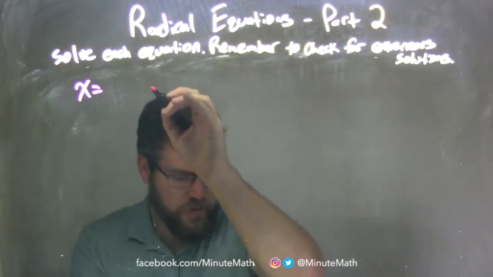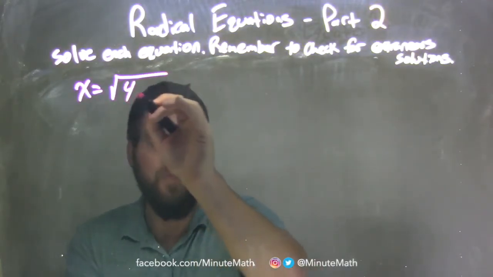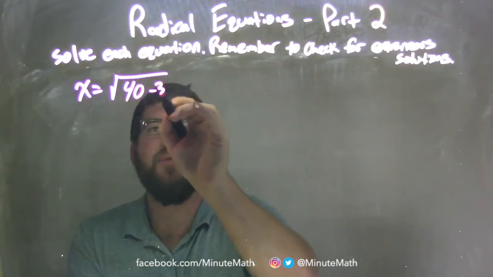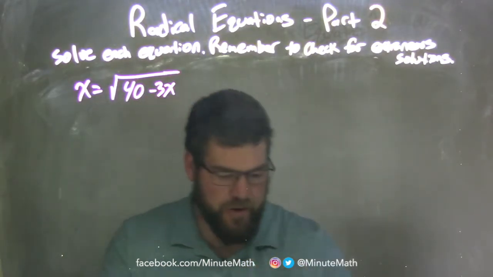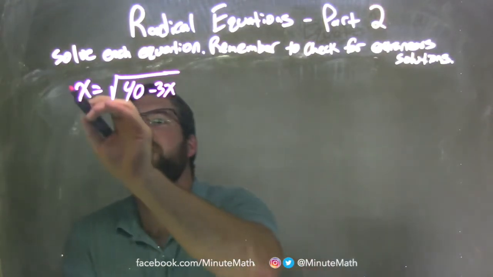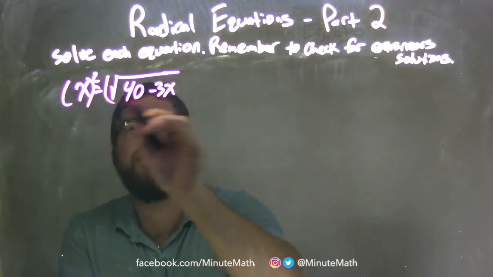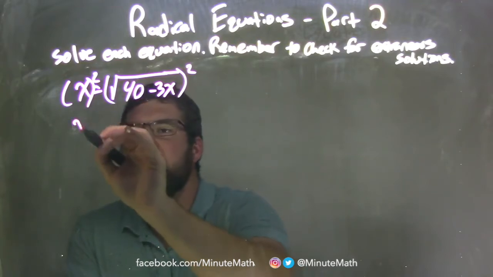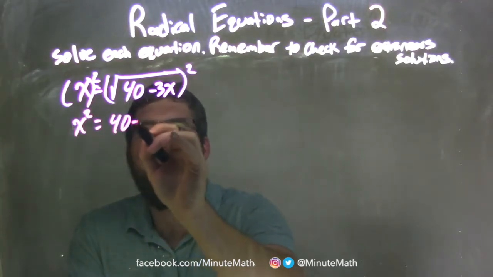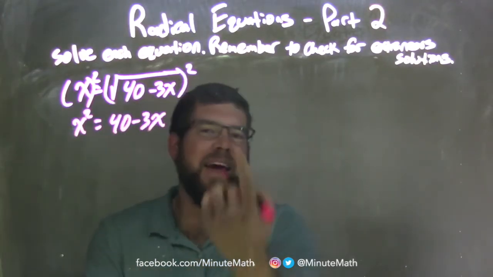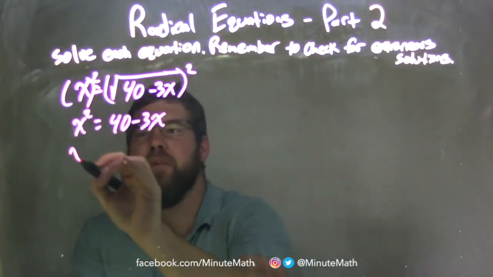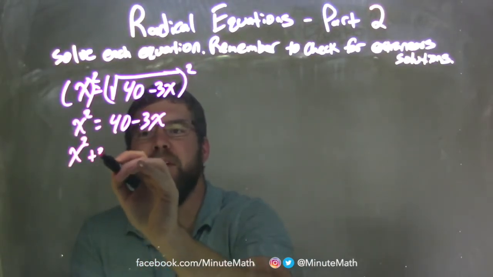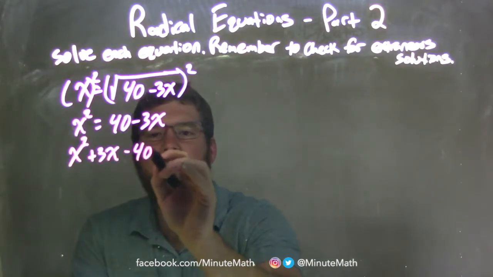x equals the square root of 40 minus 3x. Okay? Well, I'm going to square both sides here, get rid of the radical. That leaves me with x squared equals 40 minus 3x. Then I'm going to bring everything over to the left-hand side. So we have x squared plus 3x minus 40 equals 0.